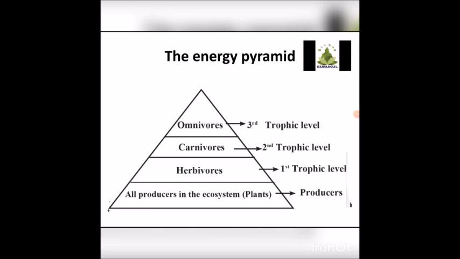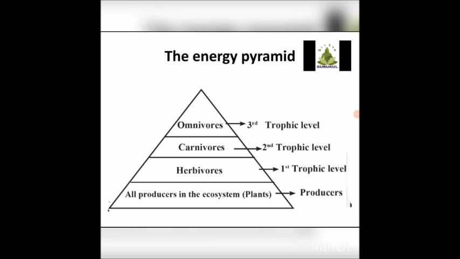There is a diagram given in your textbook on page number 82. This is the same diagram. Here you are able to see that there are different levels of organisms. In different levels, different organisms are there. At the basic level at the bottom, we have the plants, also known as the producers or the autotrophic plants.